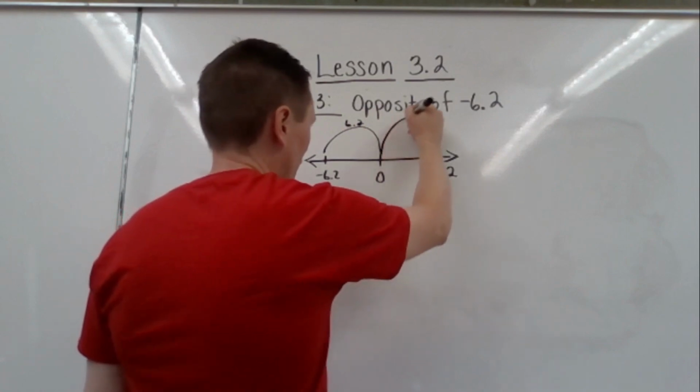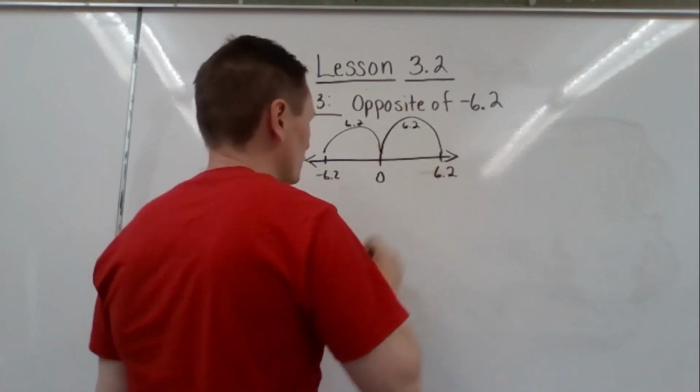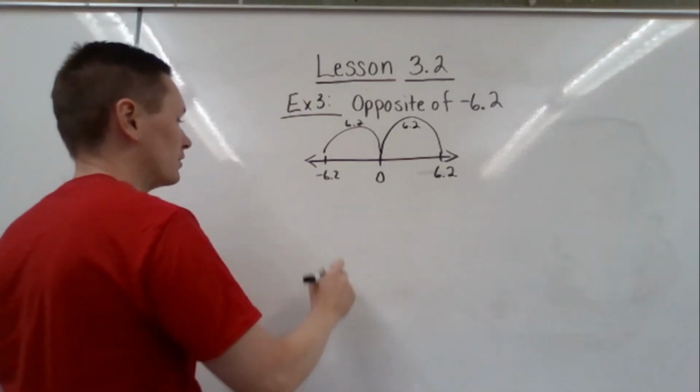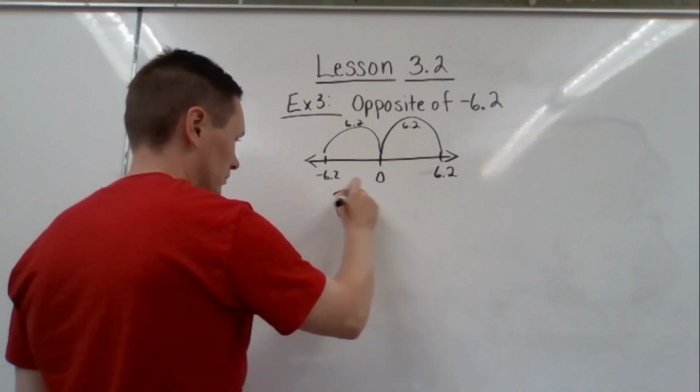Then I jump again, another 6.2. So the opposite of negative 6.2 is just 6.2.